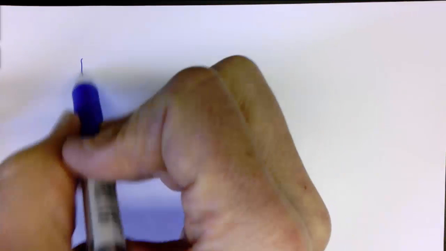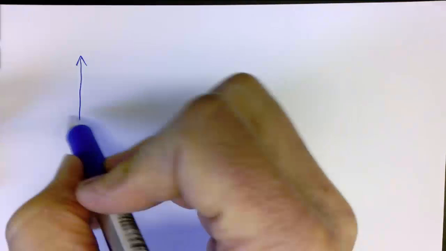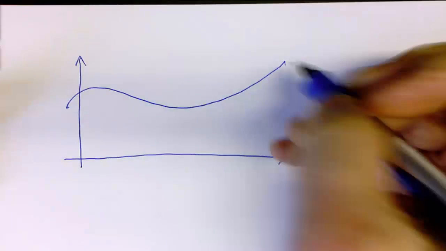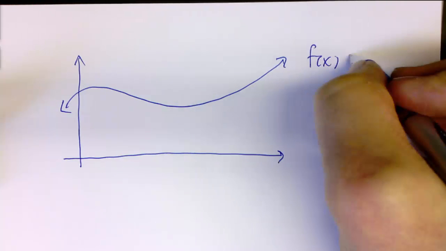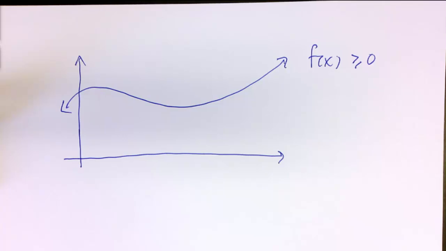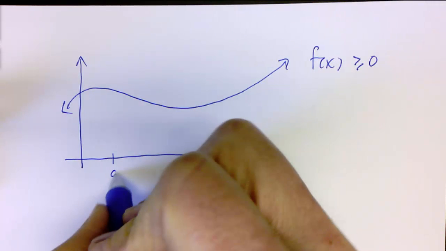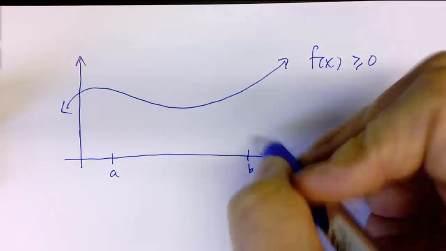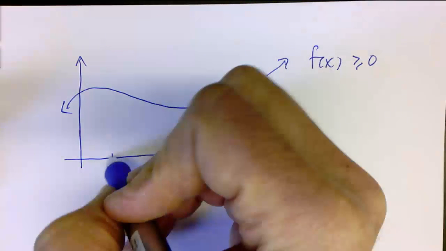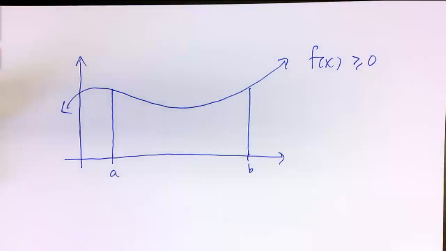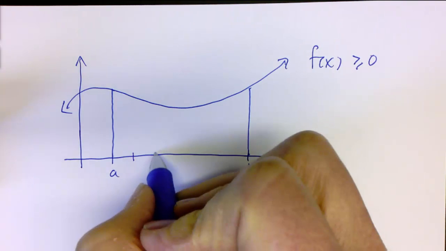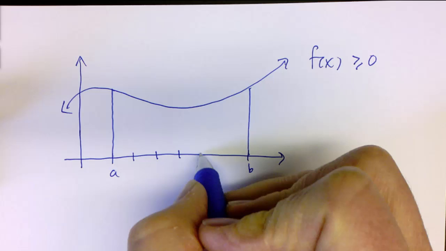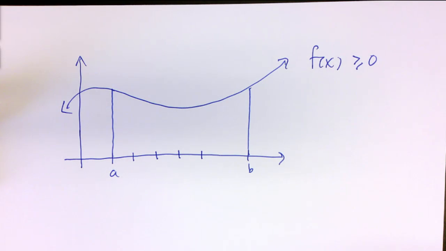So same problem, I want to find the area underneath the graph of some positive function. All we require is that that function be greater than or equal to 0, at least on the range that we're interested in. And what we're going to do is divide this into little subintervals, all having the same width for simplicity.